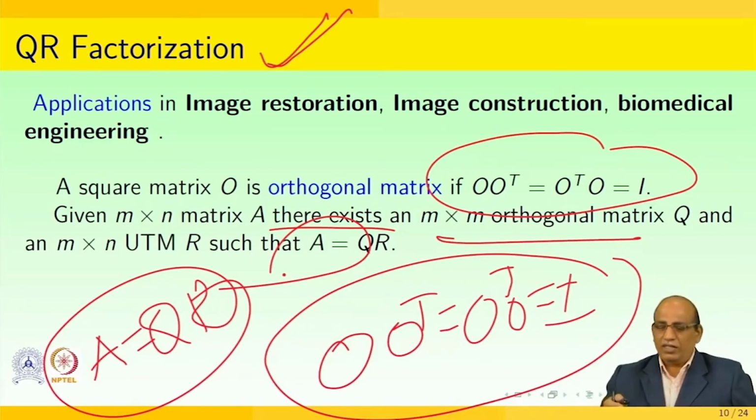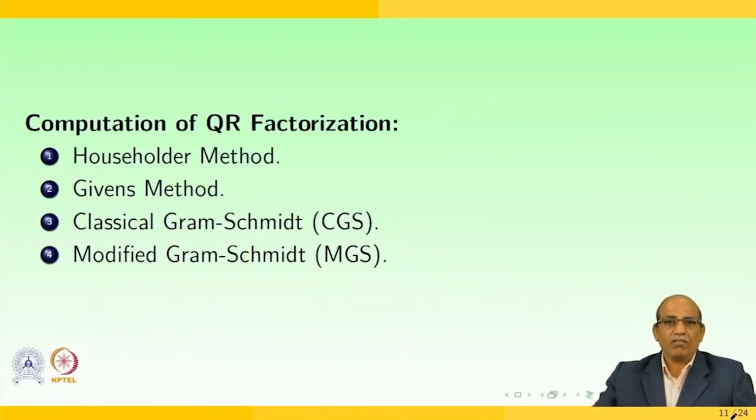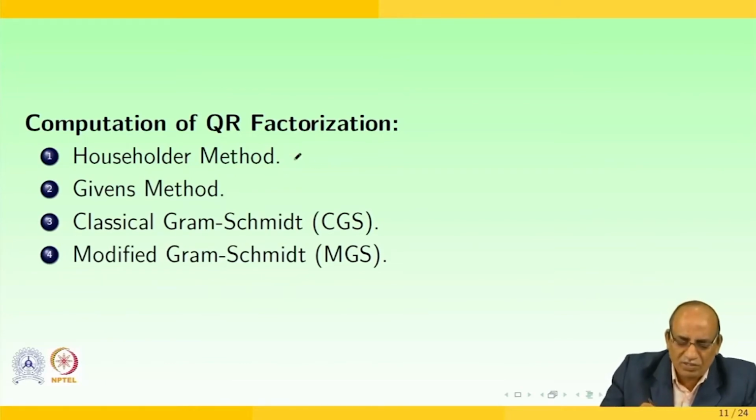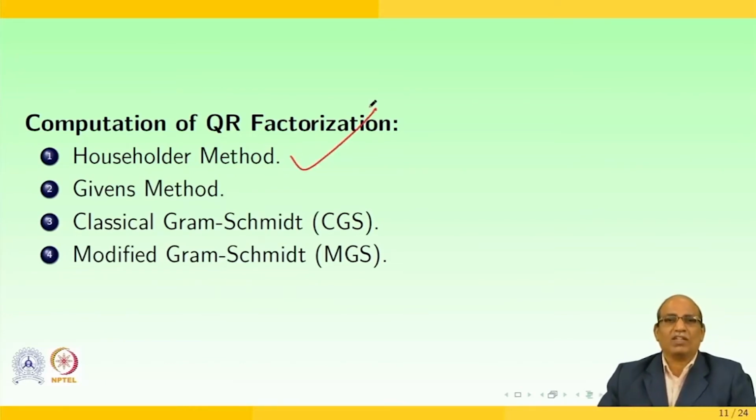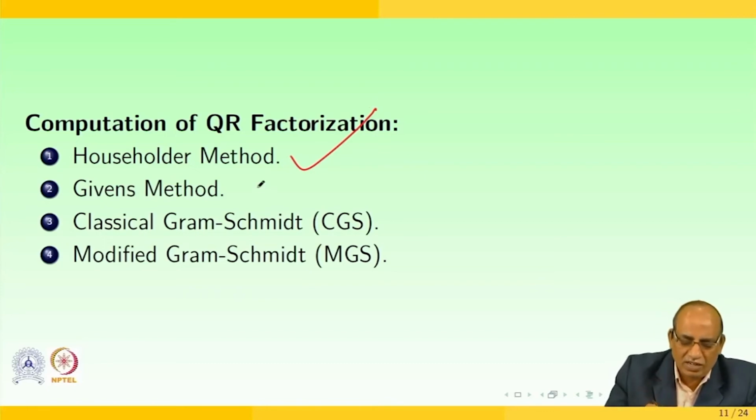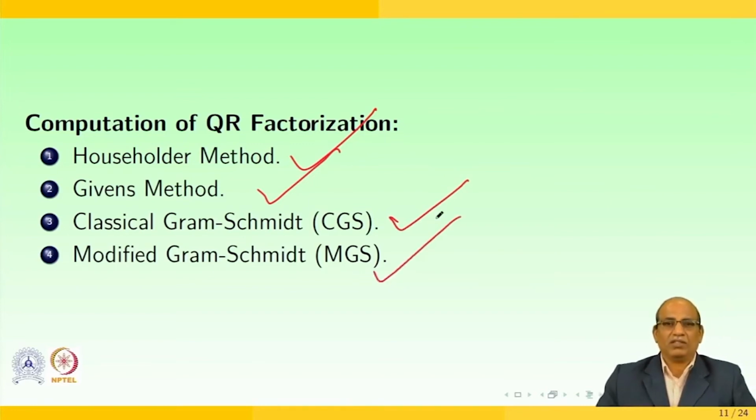Well, let's go further. Computation of QR factorization. What are the methods available to find the QR factorization? The most famous one you see here is the Householder method. The second one is Givens method. The third one is the classical Gram-Schmidt method. The fourth one is the modified Gram-Schmidt method.